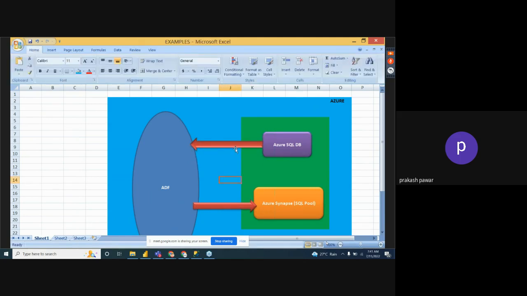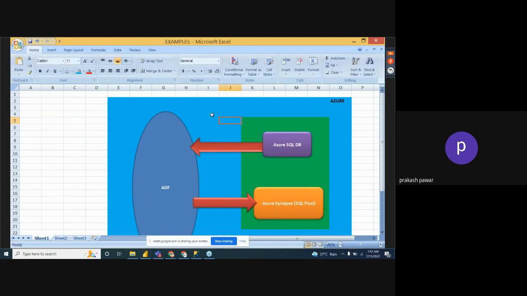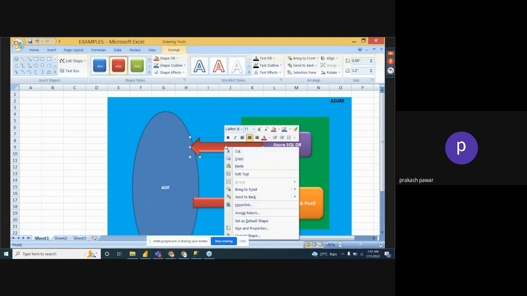Where is it? Yes, here we go. Integration runtime is required, an internal part, to establish the connection. It's all about terminology, nothing else. So here it is.